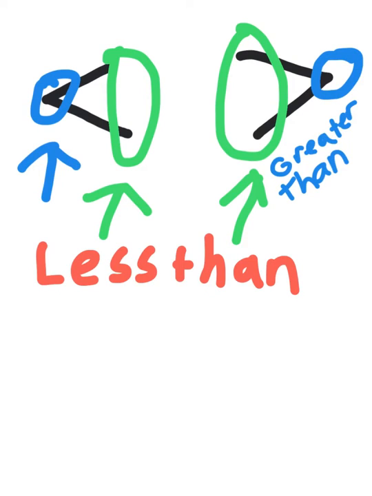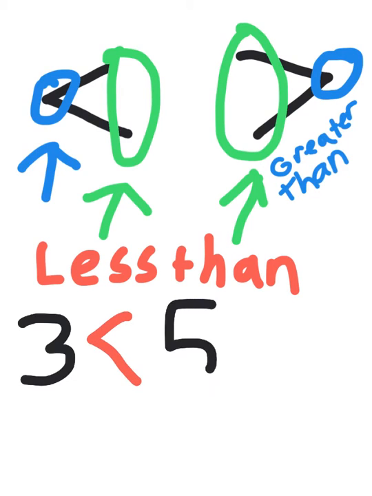So let me give you an example. Starting over here with this first one, we can go 3 is less than 5. Because right here we have 1, 2, 3, and we have 1, 2, 3, 4, 5 over here.